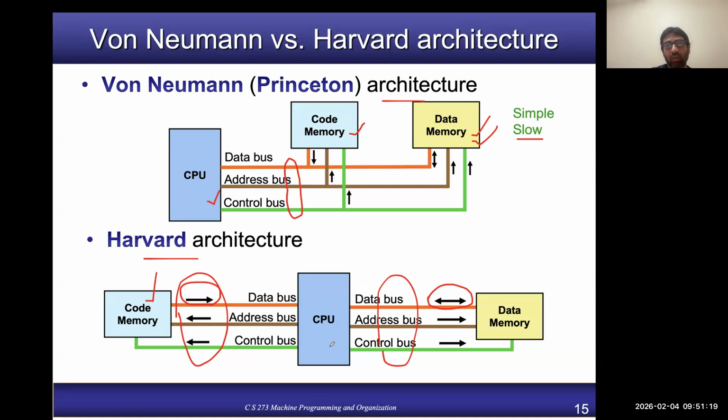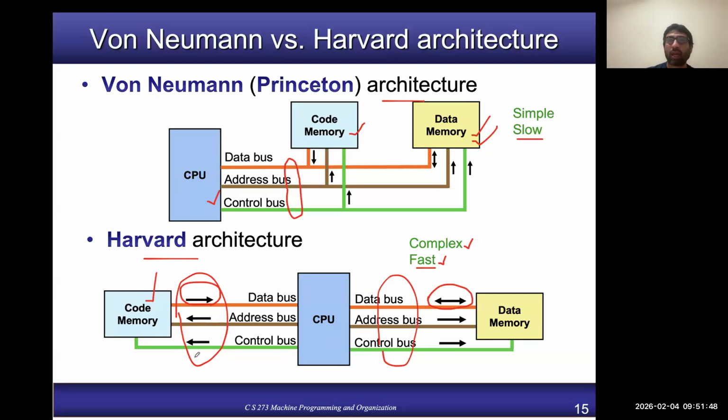So memories are passive components, and the CPU is the active component here. So this architecture is complex, but fast. Complex because now you have more buses to communicate separately or simultaneously with code memory and data memory.